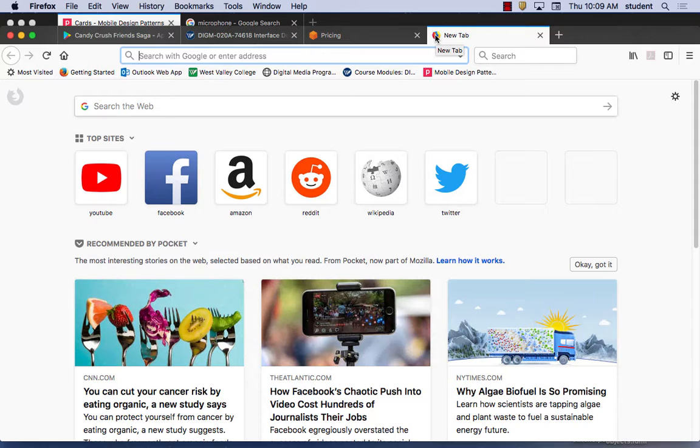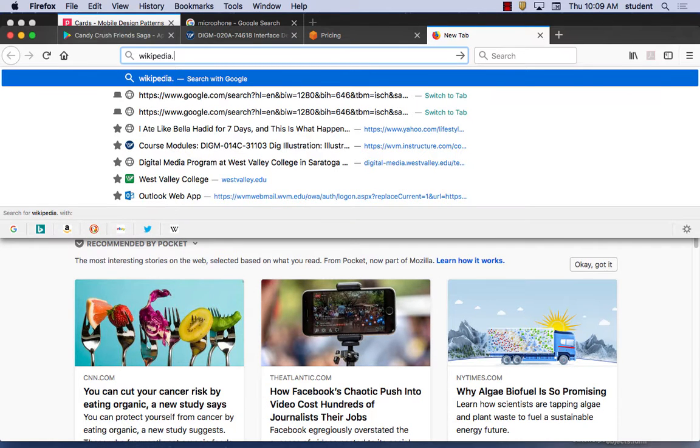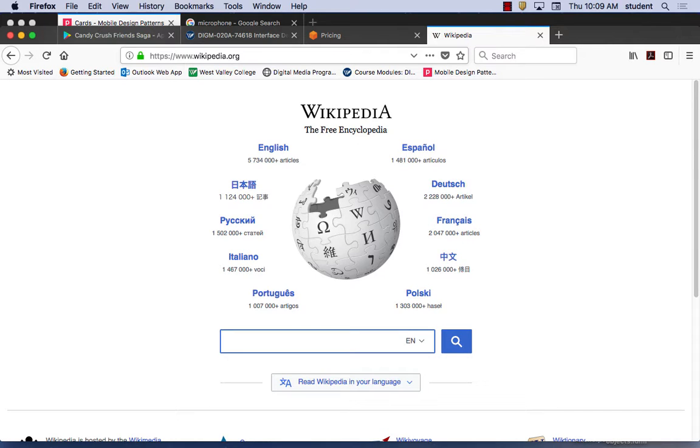Other technologies that you should understand. Let's just go to Wikipedia. Of course, probably the greatest thing that ever happened to computers and the web is, of course, JavaScript.